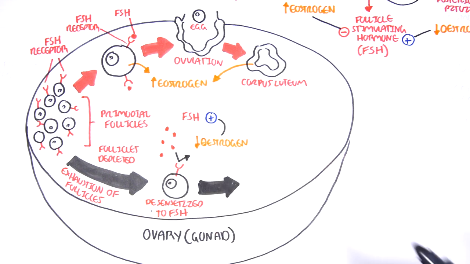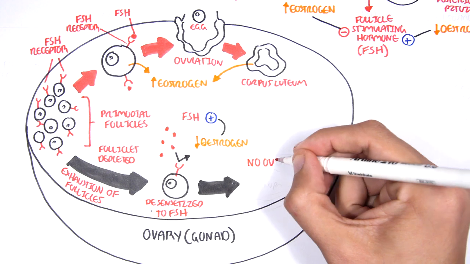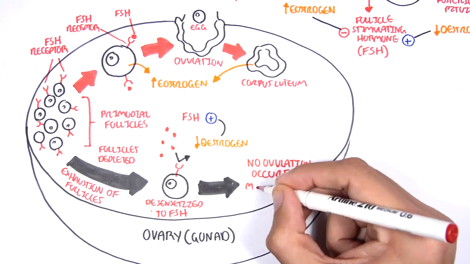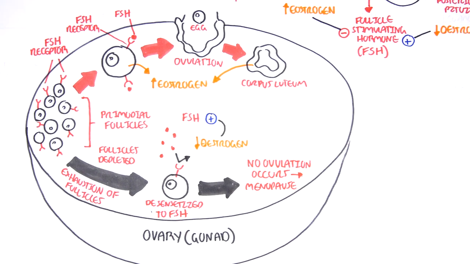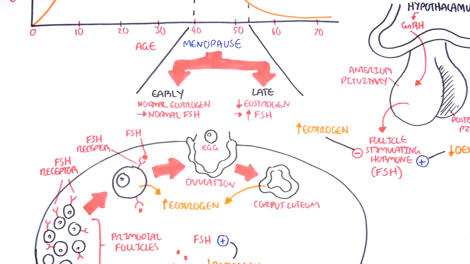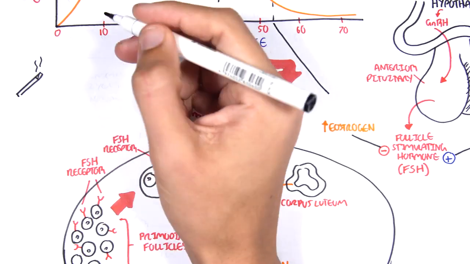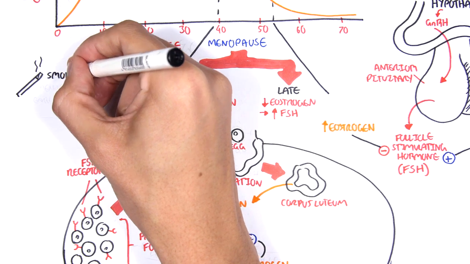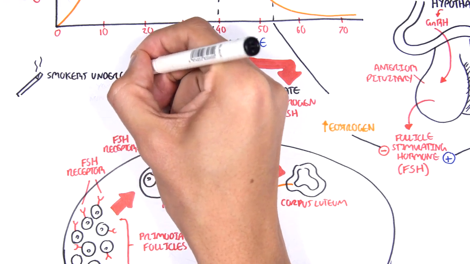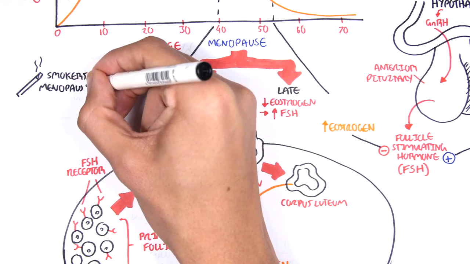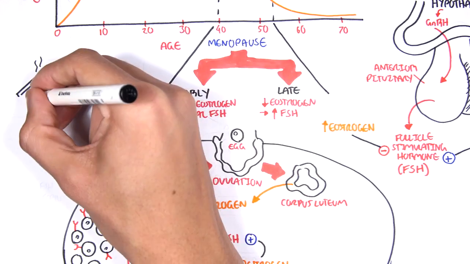And so this is where menopause occurs, basically. And slowly the follicles just stop maturing and the estrogen concentrations just drop. Okay, so I hope that made sense. So factors that can hasten the onset of menopause include smoking. Smokers undergo menopause 2 years earlier than non-smokers.